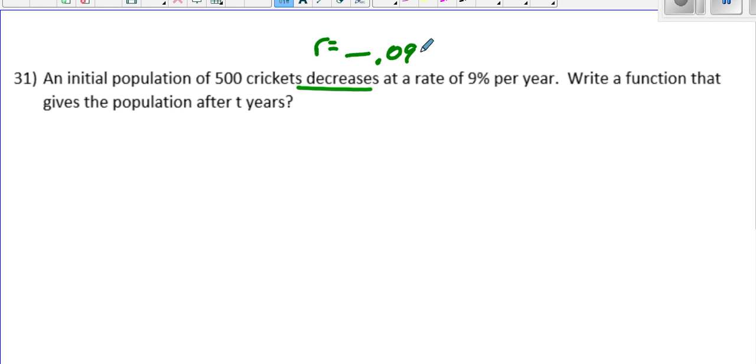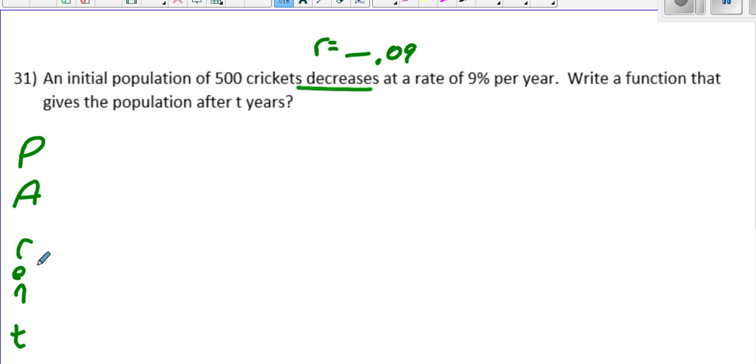So this is one of those PARENT equations. You have P, A, R, N, and T. Parent without the E. And there kind of is an E here.